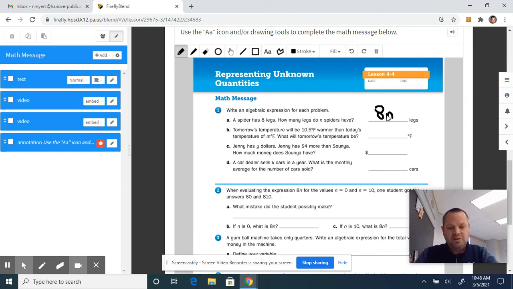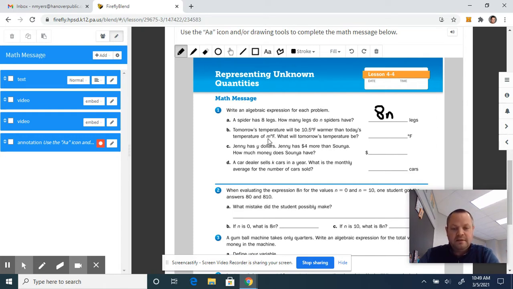The next one: tomorrow's temperature will be 10.5 degrees warmer than today's temperature of m degrees Fahrenheit. What will tomorrow's temperature be? Well, we don't know. We have a variable here, but I can write an expression. Again, we're not asked to solve these. We're just asked to write an expression that would get me to the right answer if I knew all the information.